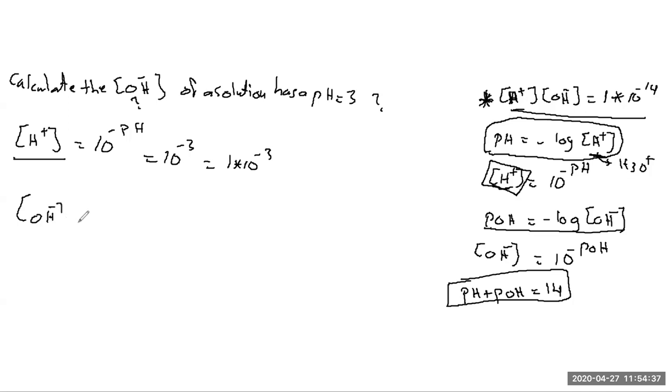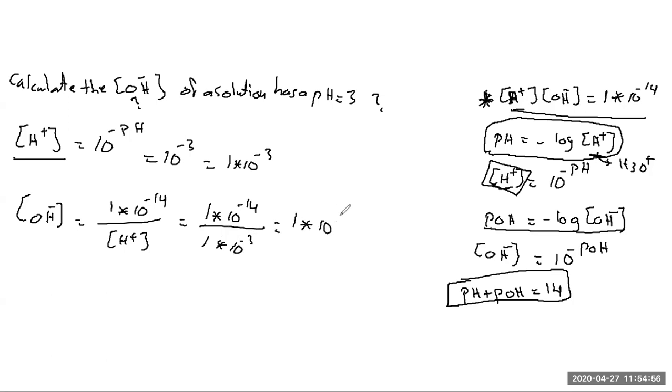OH negative will equal 1 times 10 to negative 14 divided by the concentration of H positive. That will give me 1 times 10 to negative 14 divided by 1 times 10 to negative 3, and that will give me 1 times 10 to negative 11. It is the concentration of OH negative here.